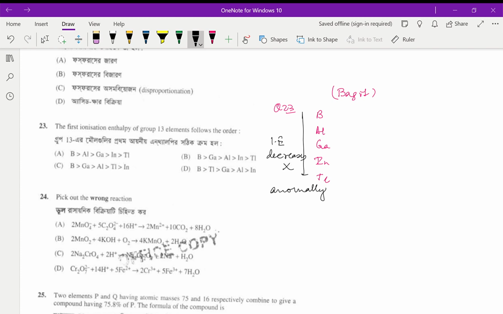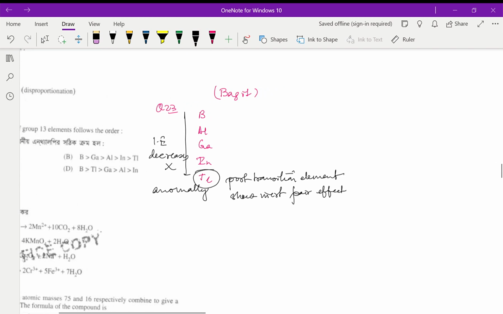Thallium is a post transition element, and it shows the inert pair effect. Why does it show the inert pair effect?